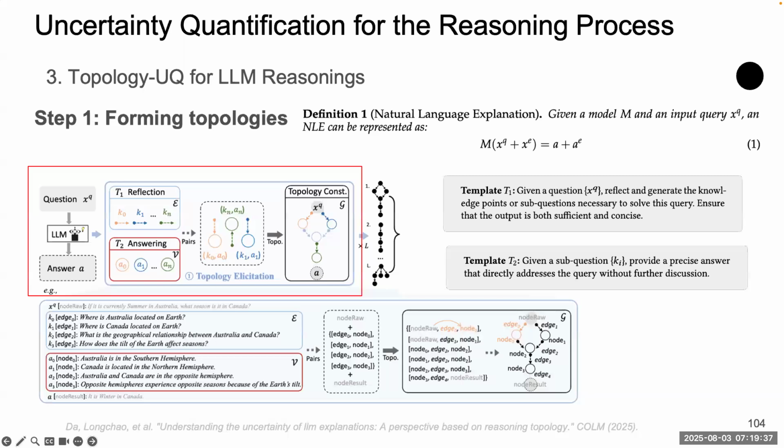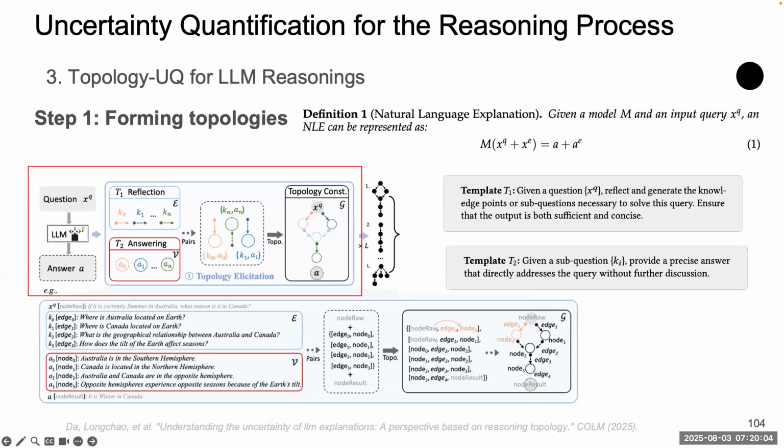Then they have a third step to link the relationships between different nodes and edges, connecting the sub-question and answer pairs together between nodes. And with this connection, you will formulate a graph here.